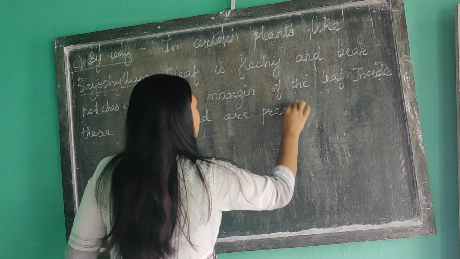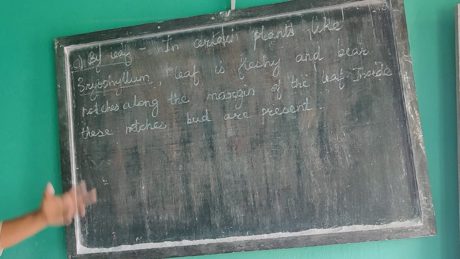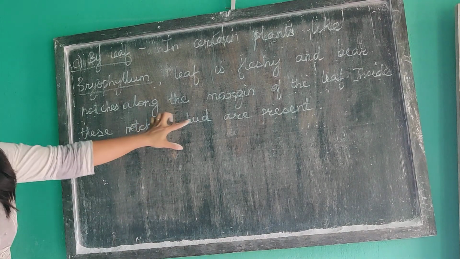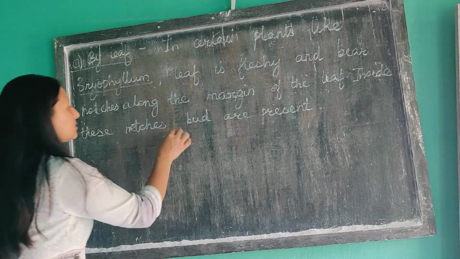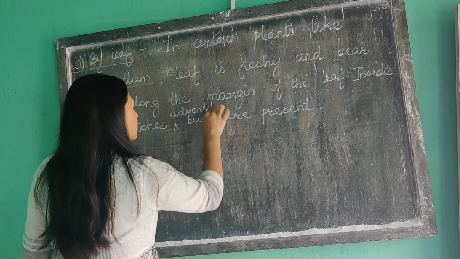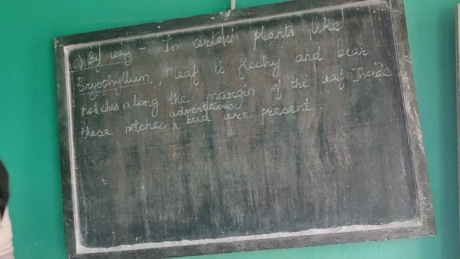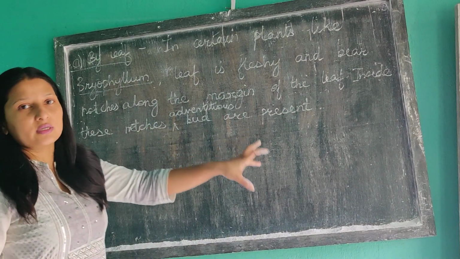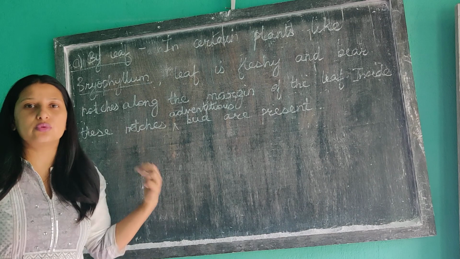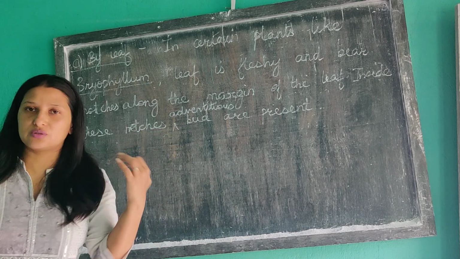So from these buds new plants can arise. Okay, new plants arise, and these buds are adventitious buds. Adventitious buds means buds that, instead of growing in the place where they normally grow, grow in another place. That is an adventitious bud.